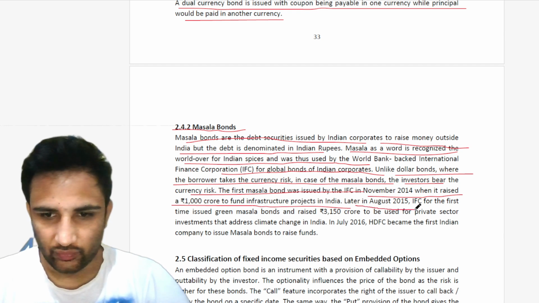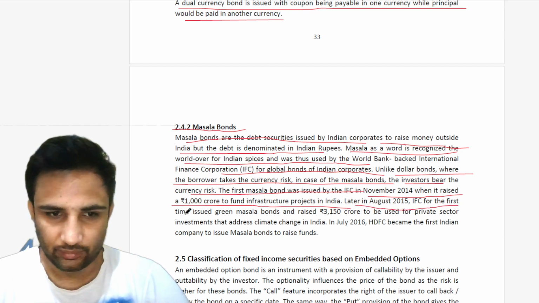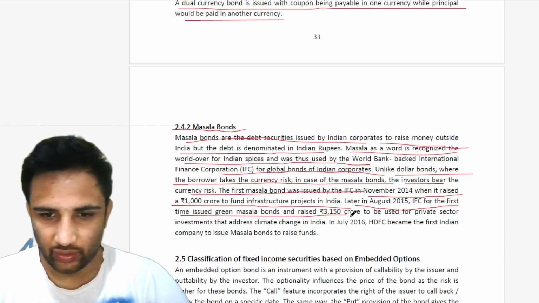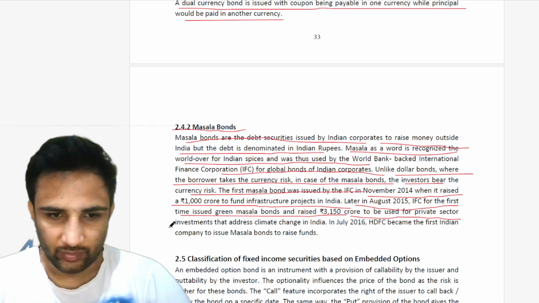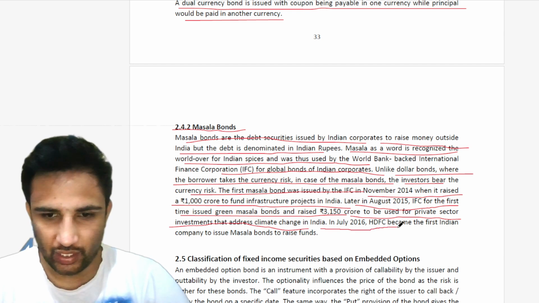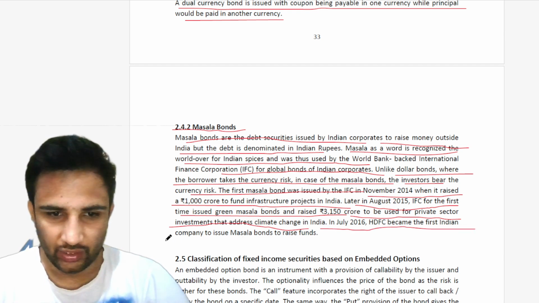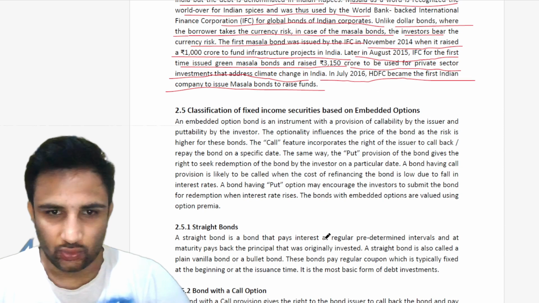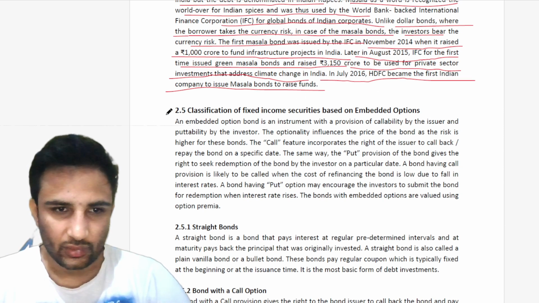Later in August 2015, IFC for the first time issued green masala bonds and raised 3,150 crore to be used for private sector investments that address climate change in India. In July 2016, HDFC became the first Indian company to issue masala bonds to raise funds.